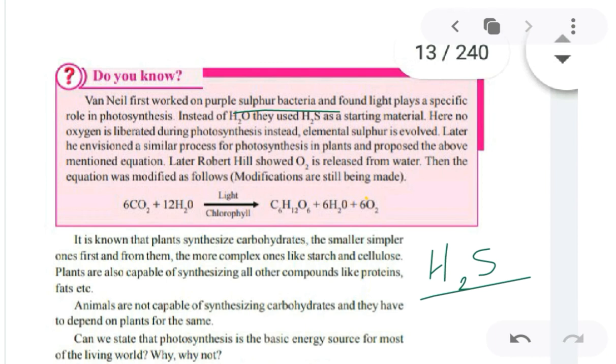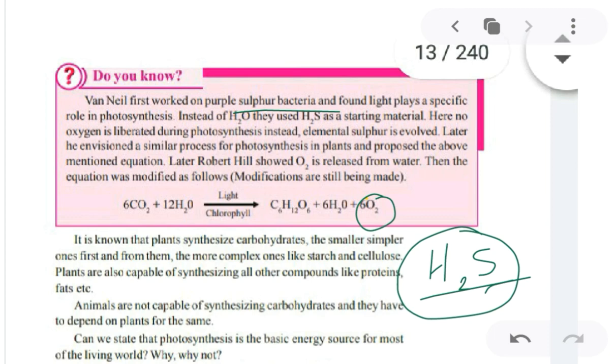Here no oxygen is liberated during photosynthesis. Instead, elemental sulfur is evolved. In the actual photosynthesis process, oxygen needs to be released. But sulfur bacteria, when doing the chemotrophic mode of nutrition, release sulfur.